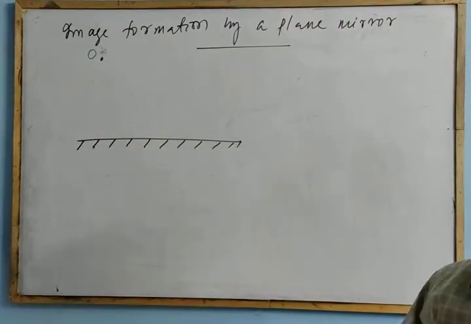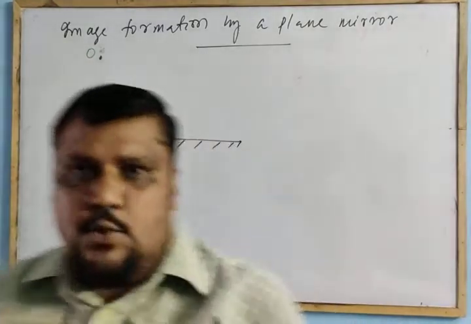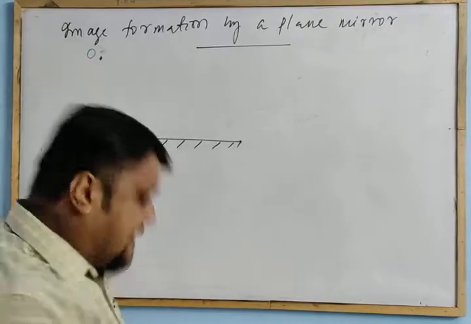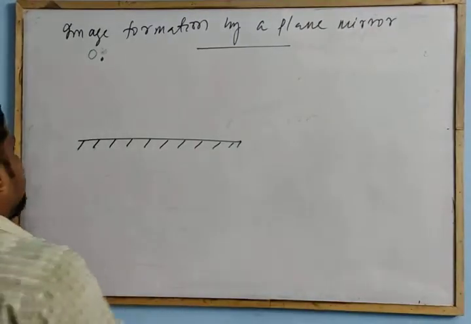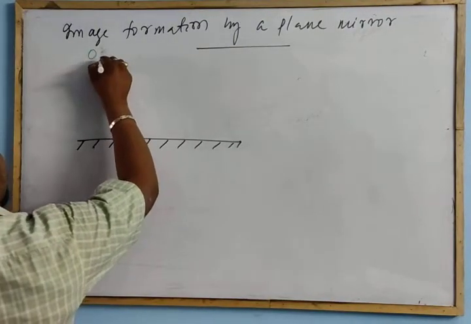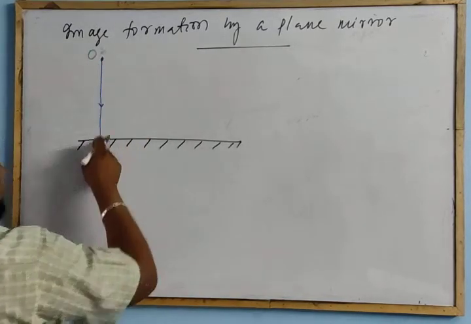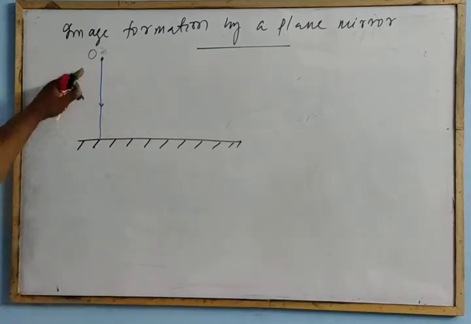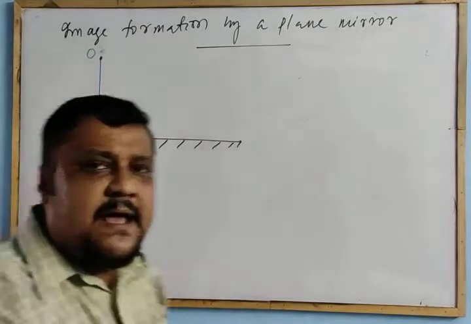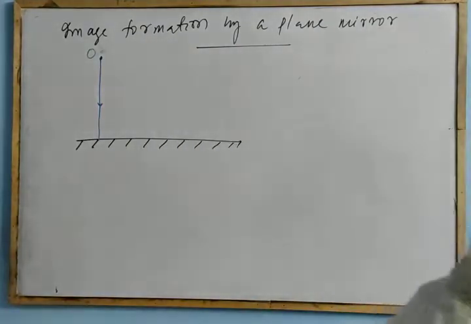So what will I do here? First thing, I will trace two lines, two incident rays. First, let me trace this: a ray from the object incident normally on the reflecting surface. Is that clear?